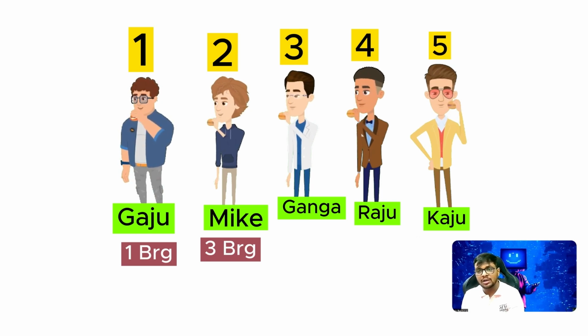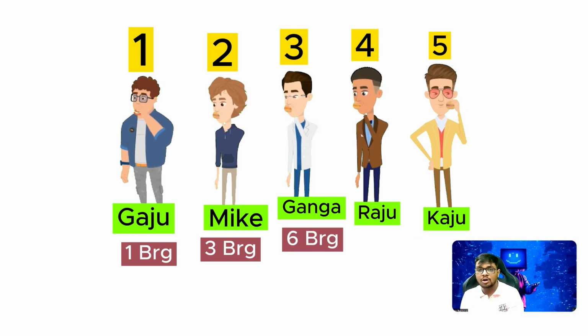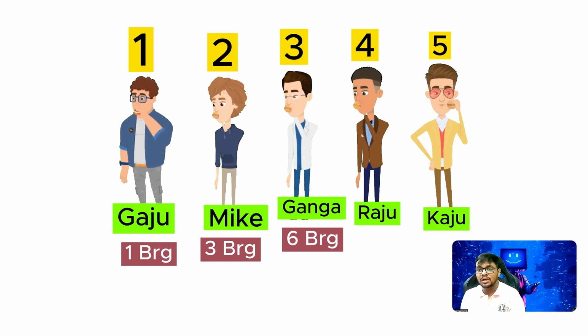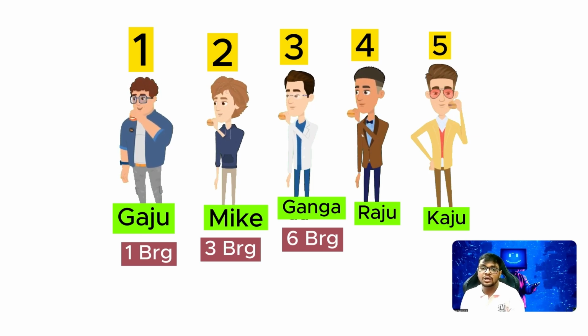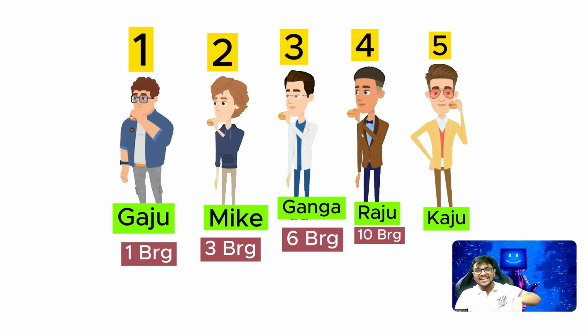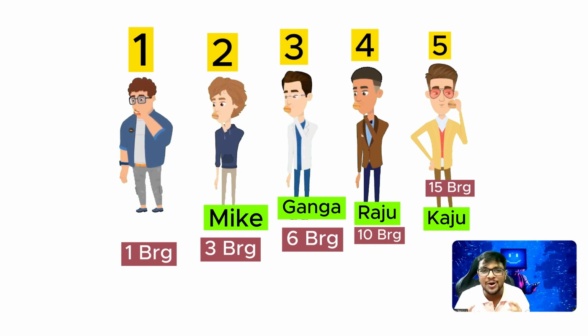Gangadhar got 6 breads. Same way Gangadhar would tell the next person behind him 6, and Raju's number is 4, so 6 plus 4, he got 10. And see, the problem for Kaju is solved. He got 10 here, his number is 5, 10 plus 5, that is 15. This is called recursion.